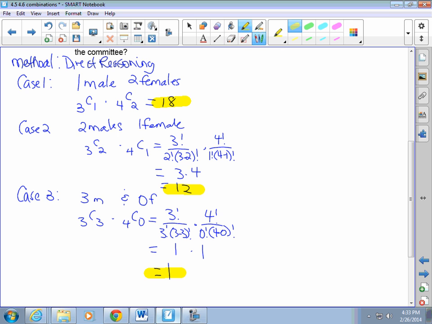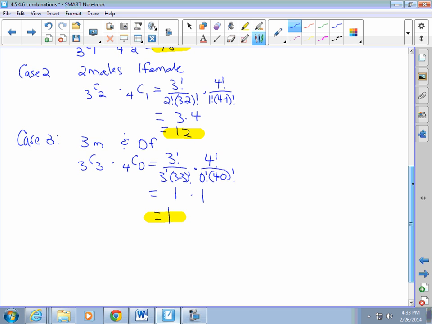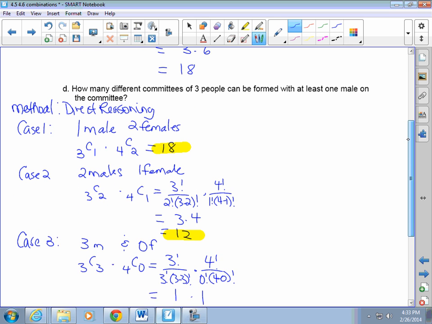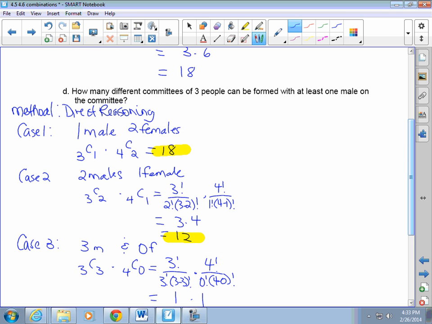So the number of committees I could have is equal to my 18 plus 12 plus 1, so that's 31 committees. So that's using the method of direct reasoning, where I do exactly what the question is saying, show every case.